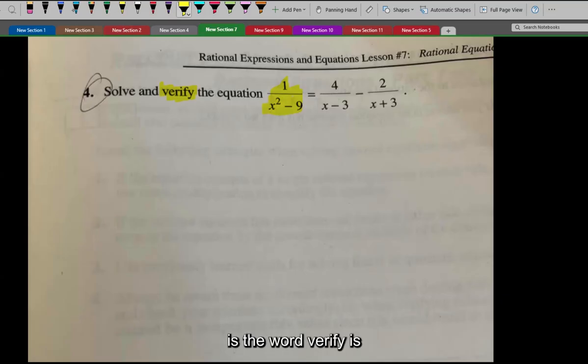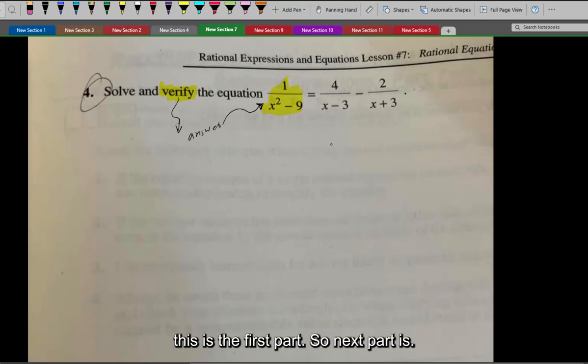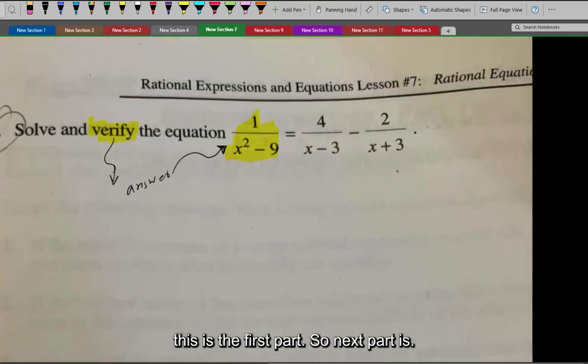Whenever the word verify is there, it means that we do have something that we can compare with, and you can assume the answer is already given here. Okay. Yeah. So this is the first part.